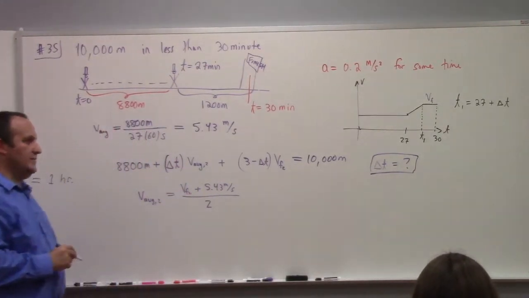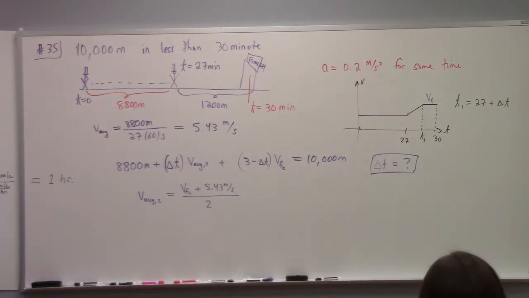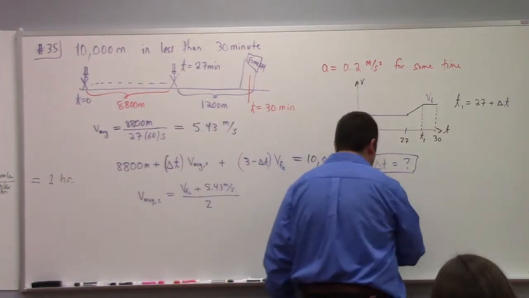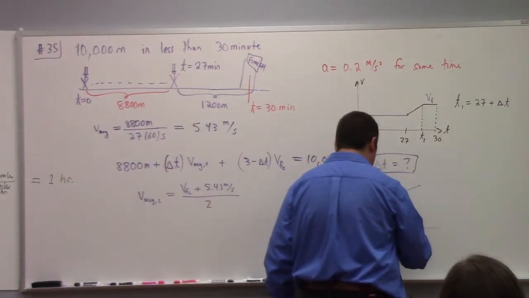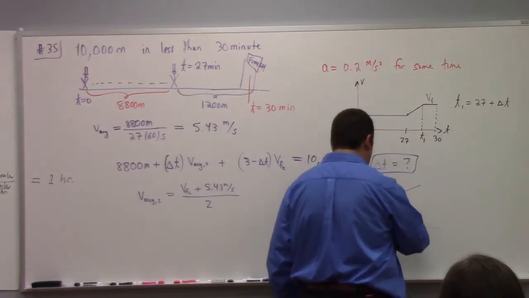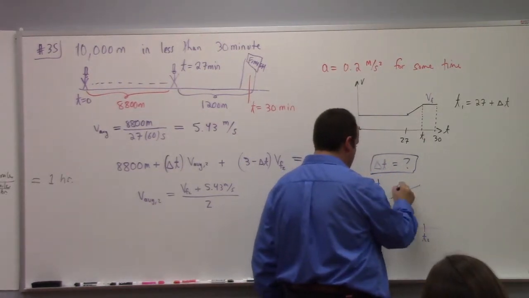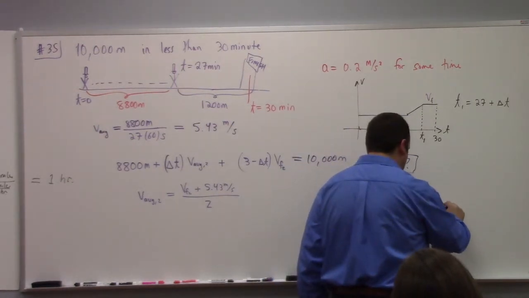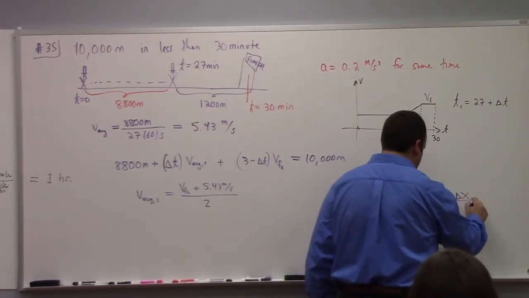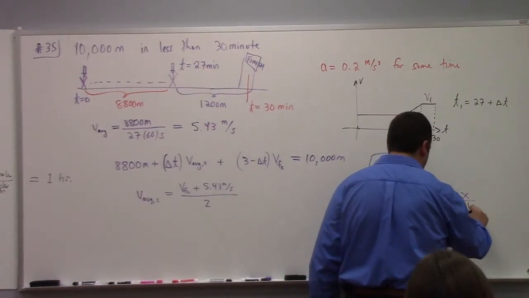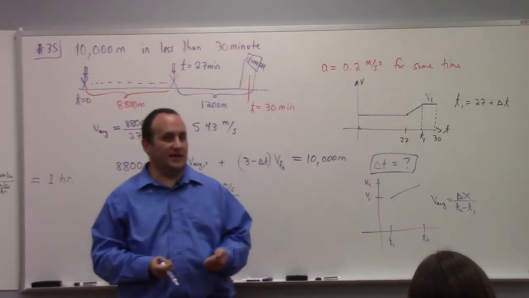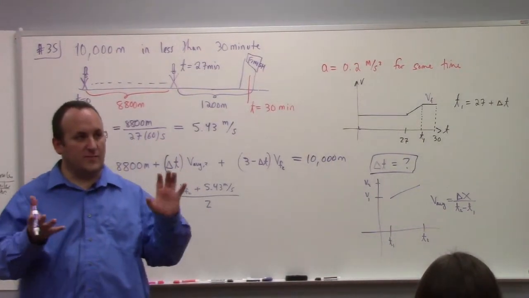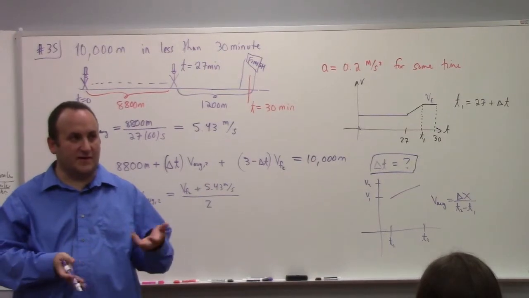Do you understand what I did there? This is sometimes useful but often forgotten. If you want to calculate the average velocity from time 1 to time 2, and suppose this is V1 and this is V2, there are 2 different ways to calculate it. One way is delta x over the change in time. But there's another way to calculate average velocity: the actual average, in the sense of you give me both of your grades, I average them to get the average grade.